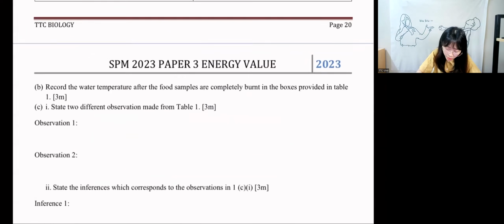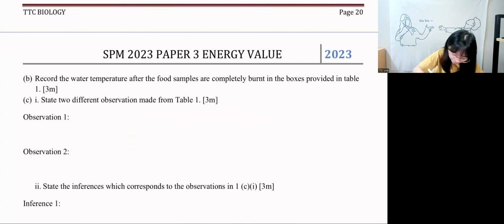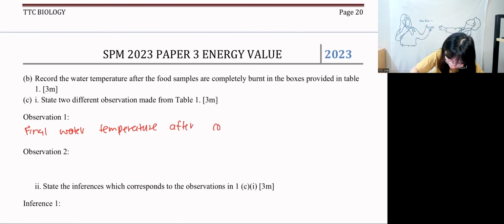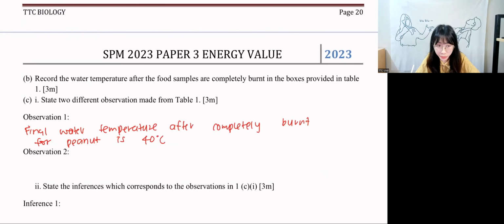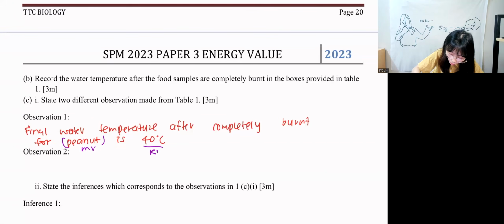For observation 1, we can write: final water temperature after completely burned for peanut is 40 degrees Celsius. So peanut is your MV, and this is your RV.